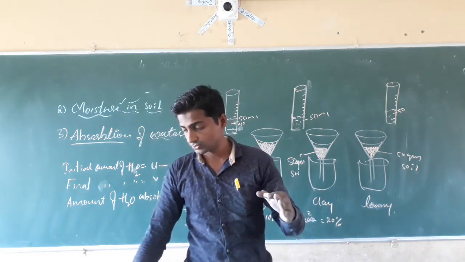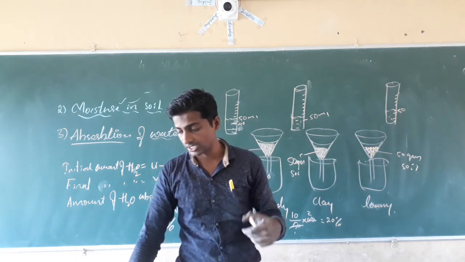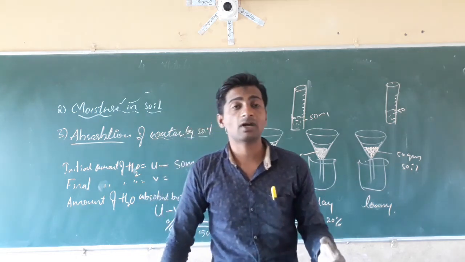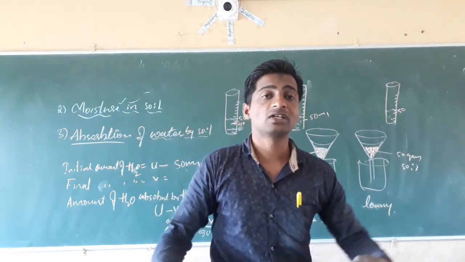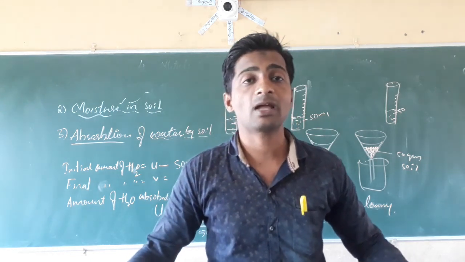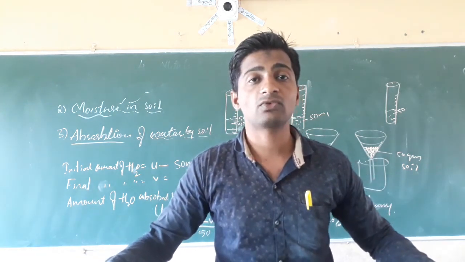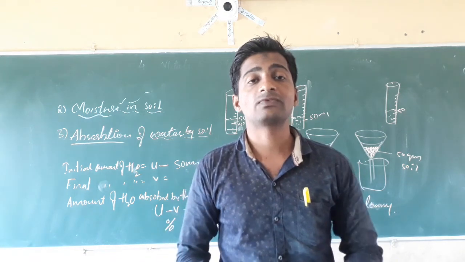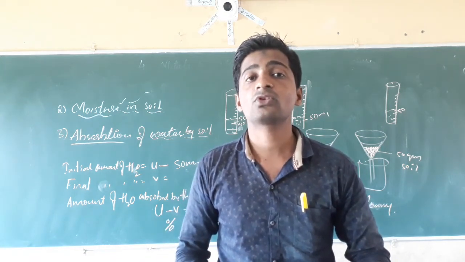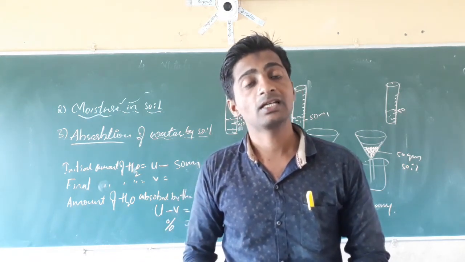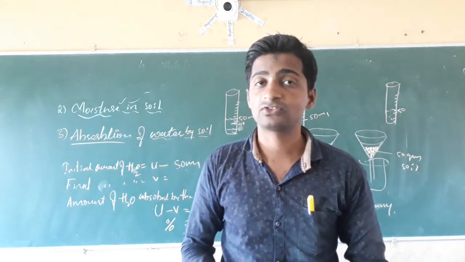For paddy, soil rich in clay and organic matter is needed. For paddy, what happens? It needs clay soil because we have to store or stagnate the water. If the water holding capacity of the soil is more, then only the water will be stagnant. It means the crop will grow efficiently.